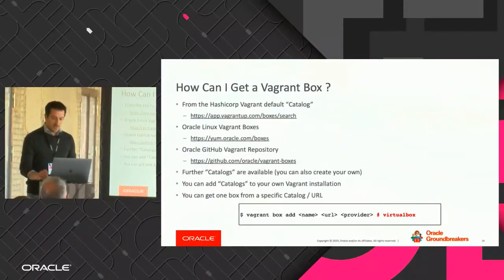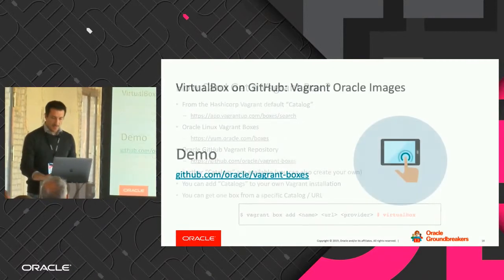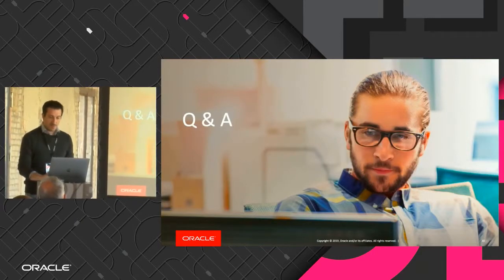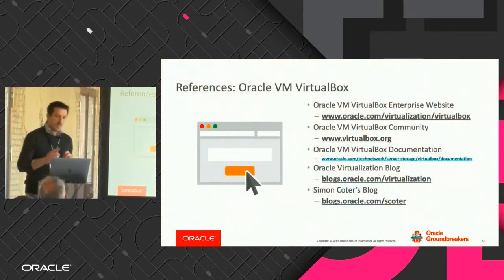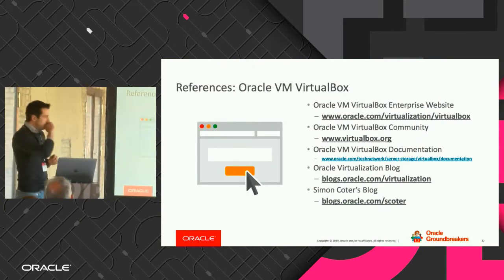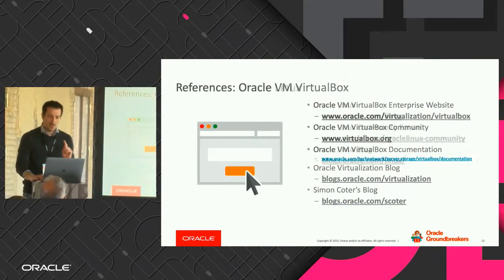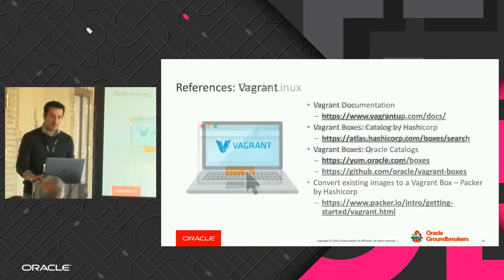Coming back to the slides, we already had the demo. I'm going to leave time for questions and answers. You will find in the presentation more references dedicated to VirtualBox, Oracle Linux, and also Vagrant.